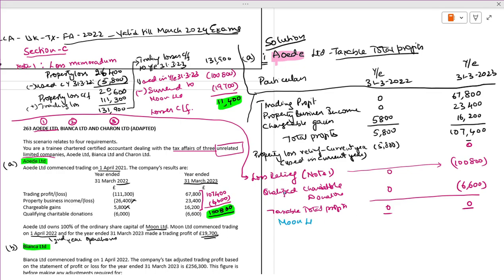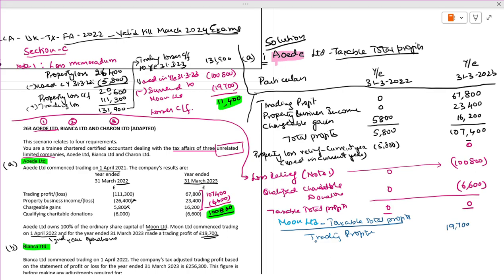Moon Limited taxable total profits. How much is the trading profit for Moon Limited? Trading profit for Moon Limited is how much?